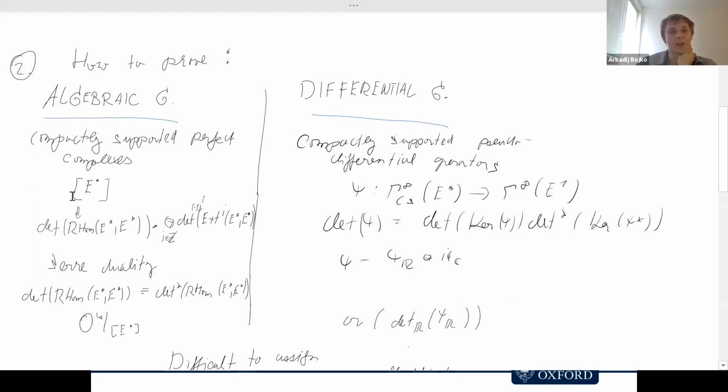For a complex, one can take its determinant of the RHom complex, which is really this alternating determinant. So the tensor product of alternating determinants of Ext groups, and corresponding to that, one has kind of the determinant of the pseudo-differential elliptic operator. And Serre duality on this complex corresponds to the fact that on the pseudo-differential elliptic operator, one should have a kind of real structure on it.